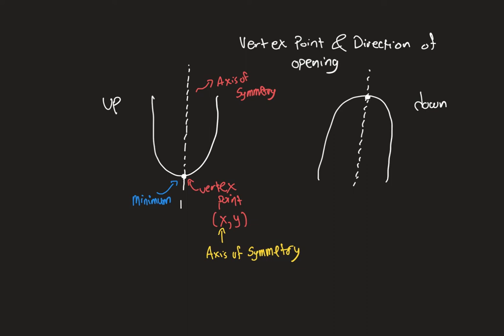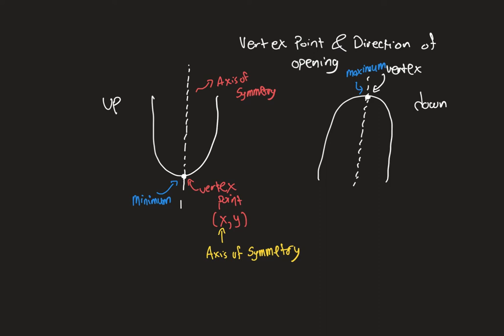So that is our vertex point right there. And you can see it gets up to as high as it possibly can get. So this would also be called my maximum. Not Maximus from Gladiator, maximum.